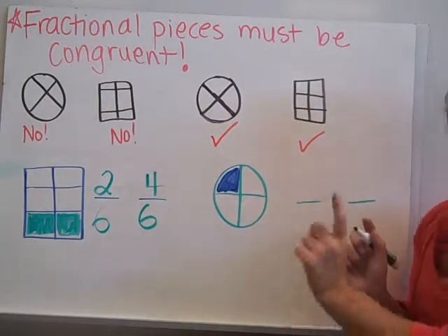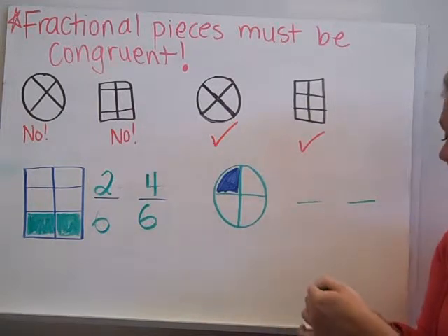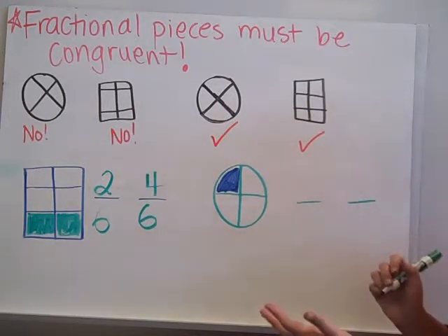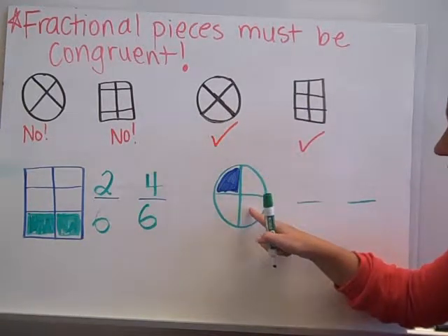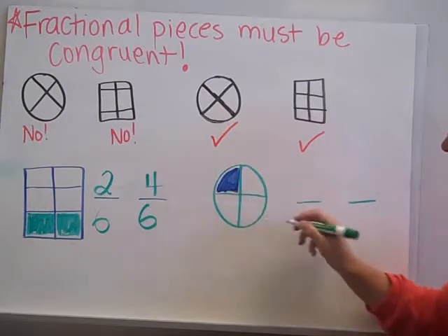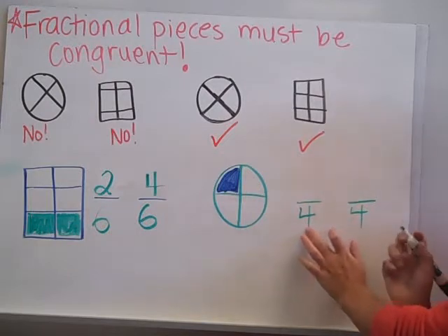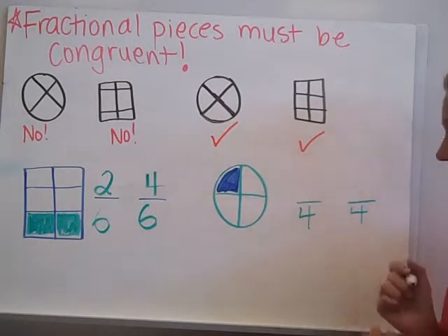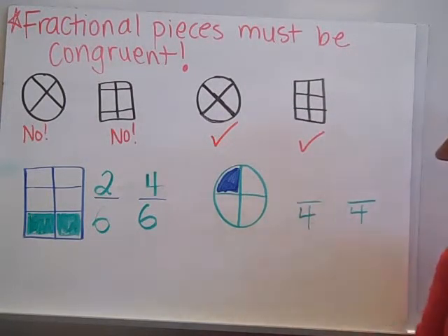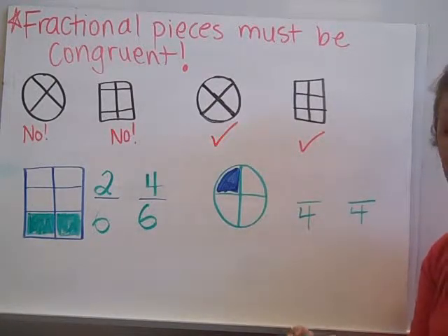Okay, this one, again, the first thing I want to do is find out what my total is. What's the whole? 1, 2, 3, 4. I have 4 pieces in all, and remember, I say this as fourths. Again, I want to write down the part of the whole that has been shaded.